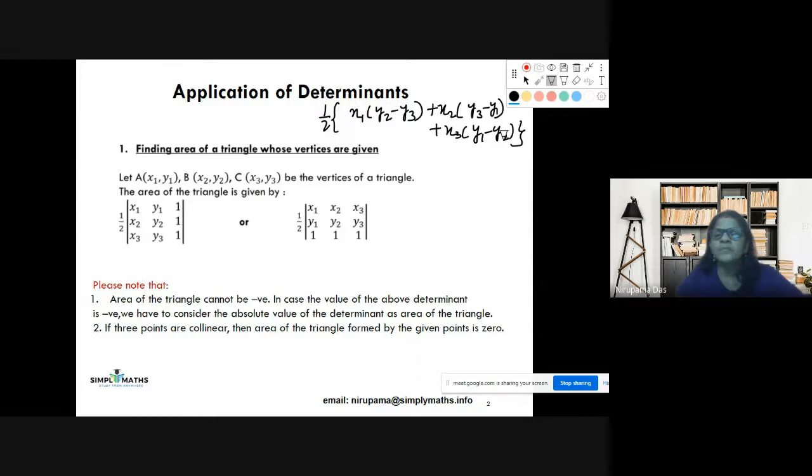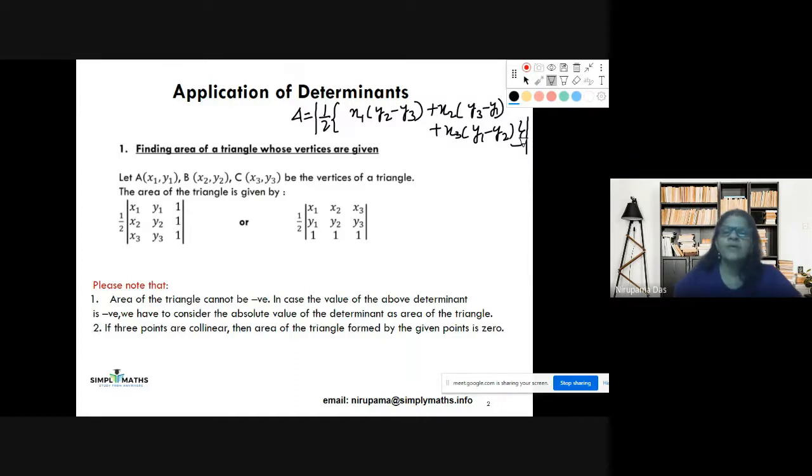That is what we have studied in class 11th in coordinate geometry. Finding area of the triangle, delta equals this. Area cannot be negative, so I put a mod here, which means the numerical value of this computation: half of x1 (y2 minus y3) plus x2 (y3 minus y1) plus x3 (y1 minus y2).